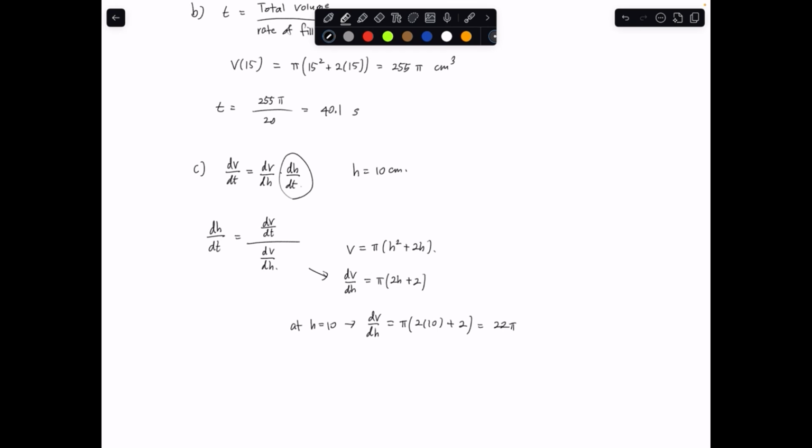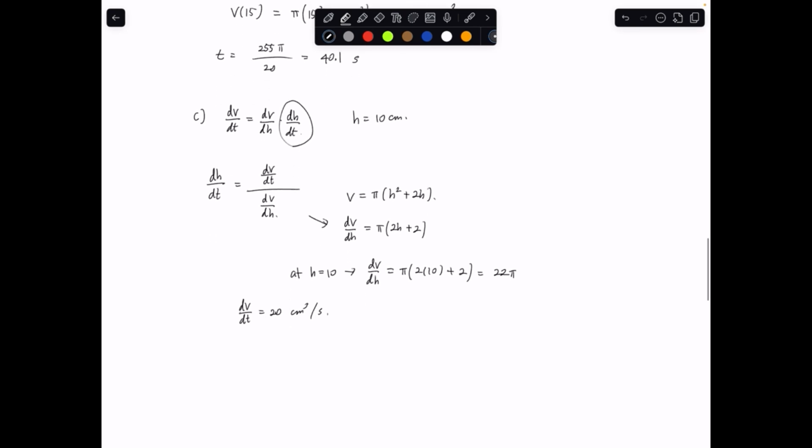Okay? And the dV/dt they give us, dV over dt, they already told us it's 20 cubic centimeters per second. So now we have everything we need, right? dh over dt equals dV/dt over dV/dh.